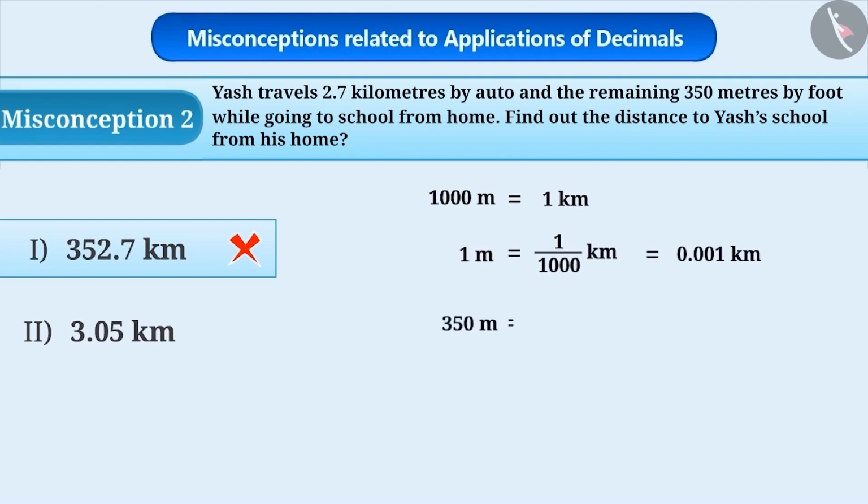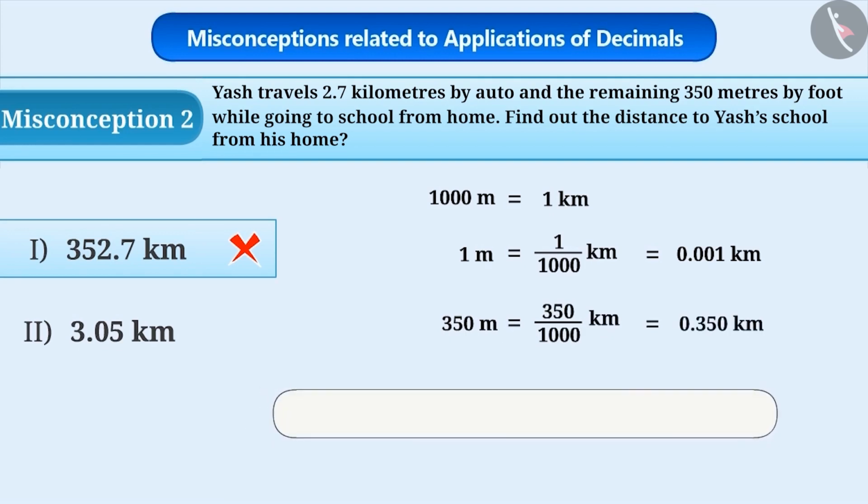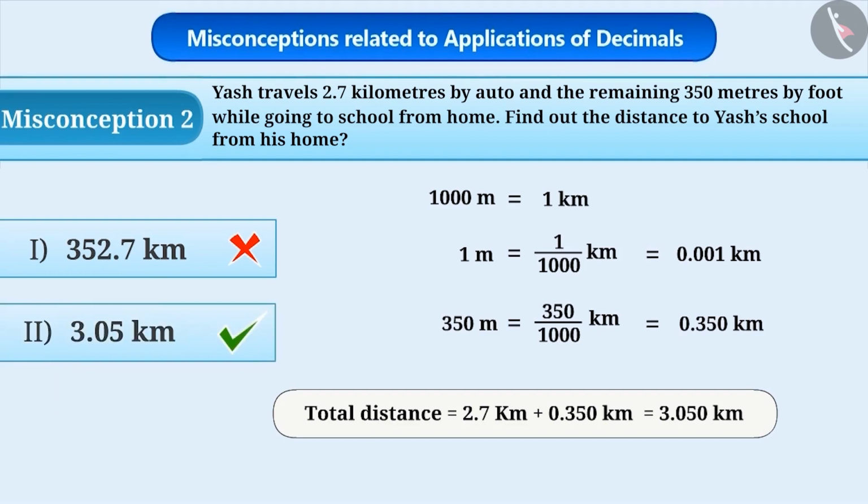Therefore, 350 meters equals 350 by 1000, which is equal to 0.350 kilometers. Thus, the total distance is equal to 2.7 kilometers plus 0.350 kilometers, which is equal to 3.050 kilometers. We can write this as 3.05 kilometers by removing the 0 from the right side of the decimal number. The correct answer is option 2.